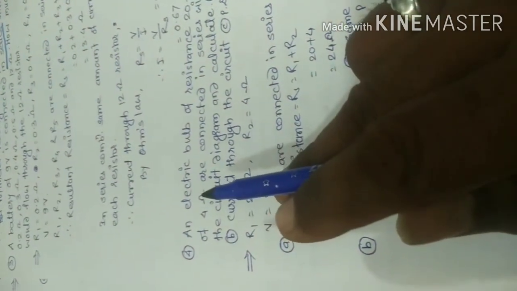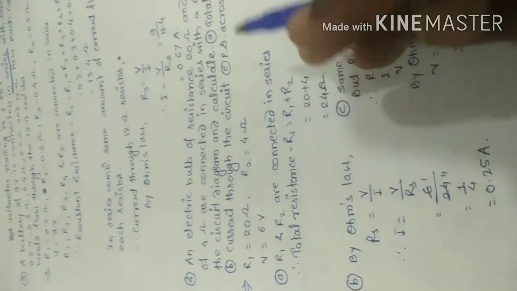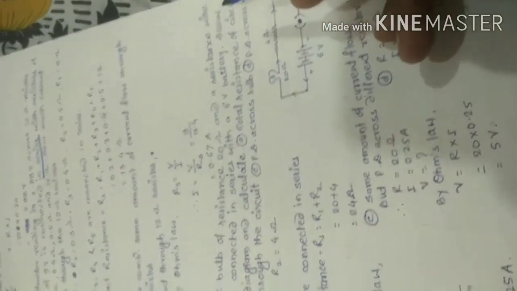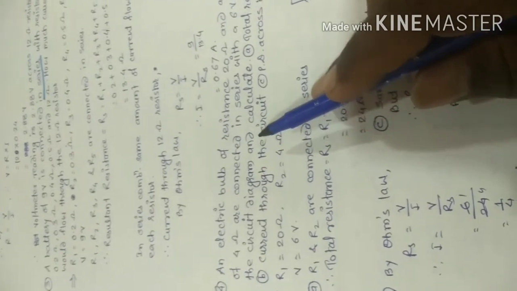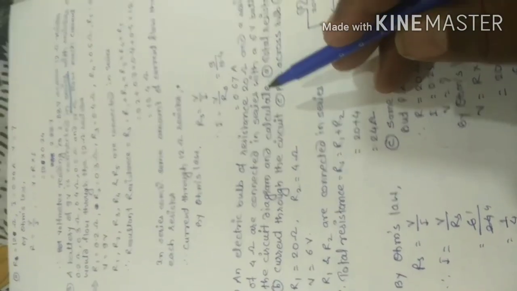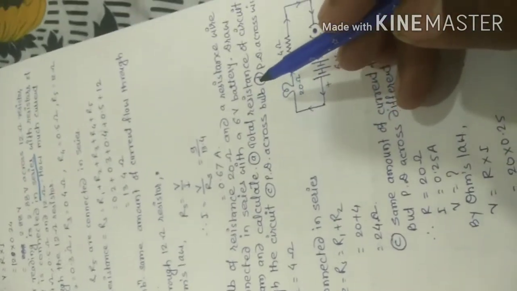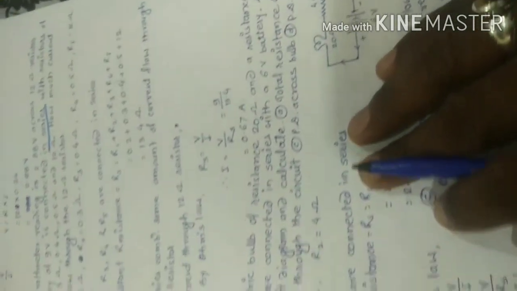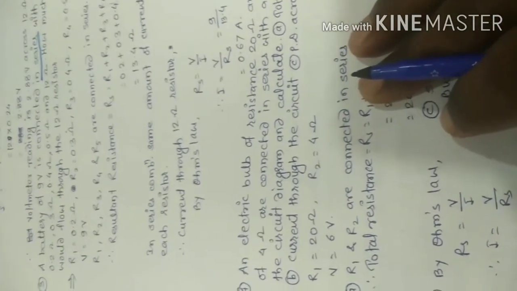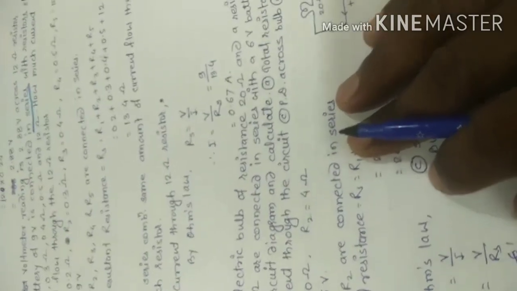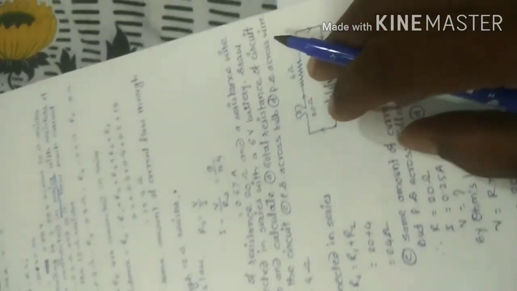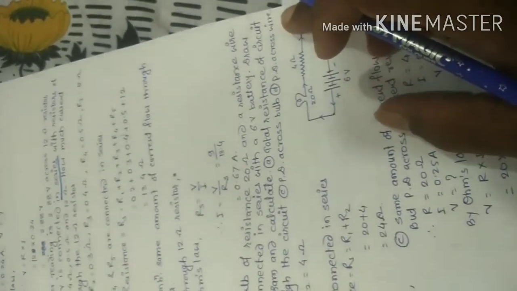Fourth question. An electric bulb of resistance 20 ohm and a resistance wire of 4 ohm are connected in series with a 6 volt battery. Draw the circuit diagram and calculate first the total resistance of the circuit, second the current through the circuit, third the potential difference across the bulb, and fourth the potential difference across the wire.